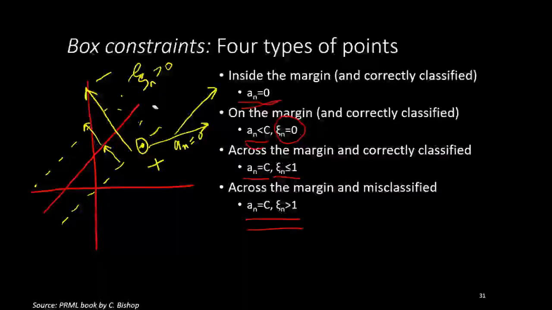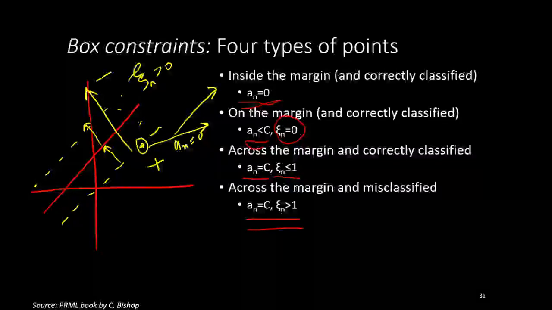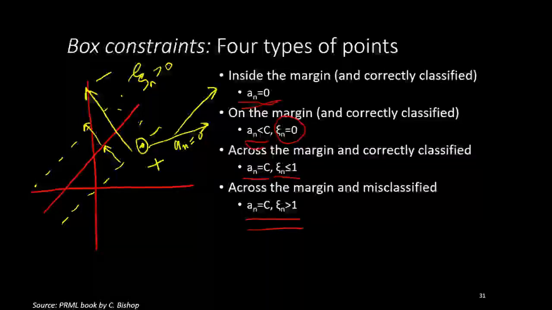Now the good thing about this formulation is that every point that intrudes into the margin or goes across the margin, its influence does not increase. Its influence always remains C. Okay, it is capped by C. So that is the box constraint. So what this means is that there is some sort of natural tolerance for outlier points.